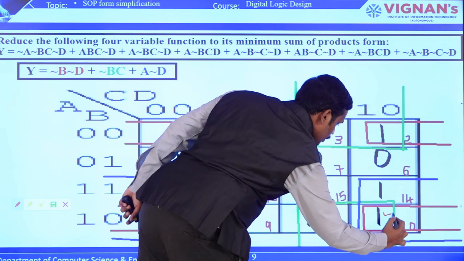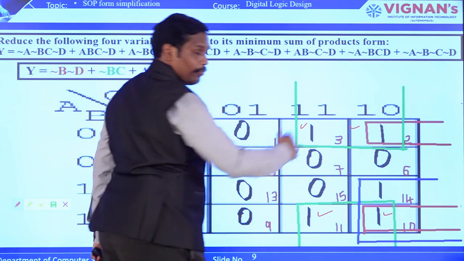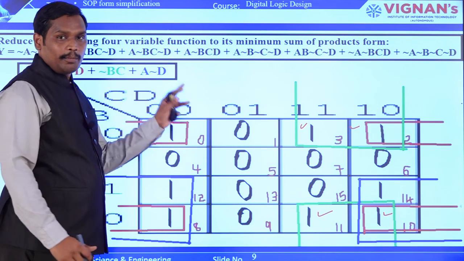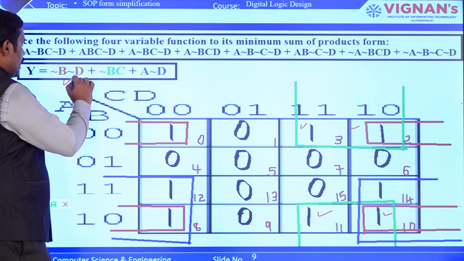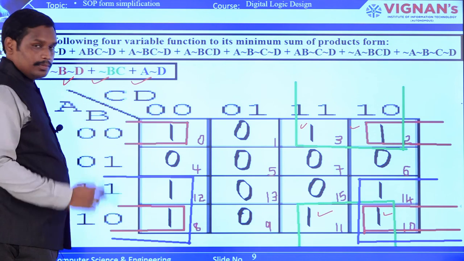So this one, this one, this one, this one. These 4 can be formed as a quad. So how many quads are there in the whole Karnaugh map? 3 quads are there. So for those 3 quads, you are going to have 3 terms in the solution for the Karnaugh map, right?